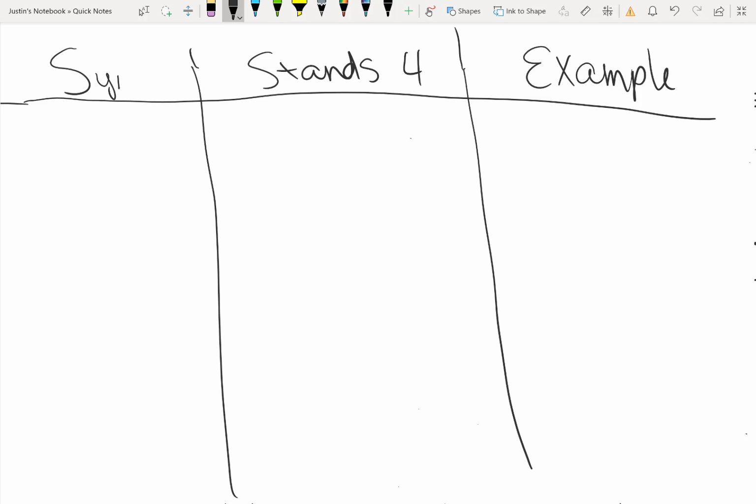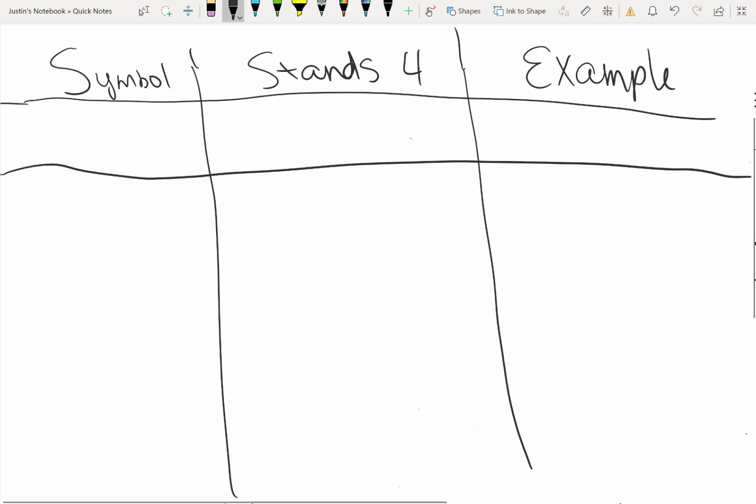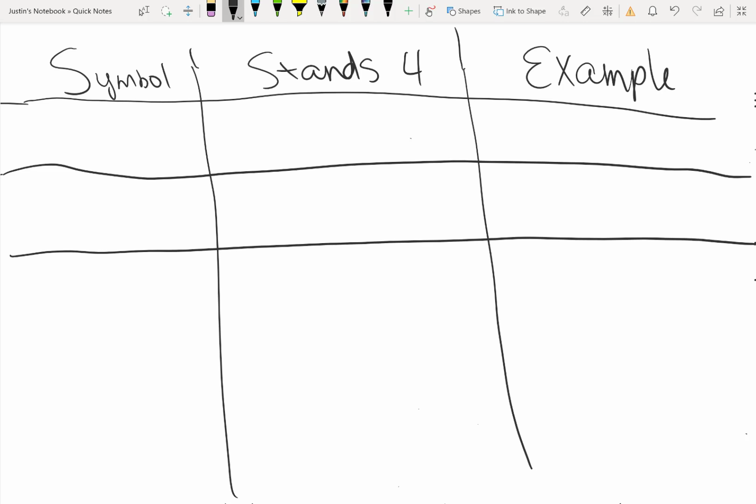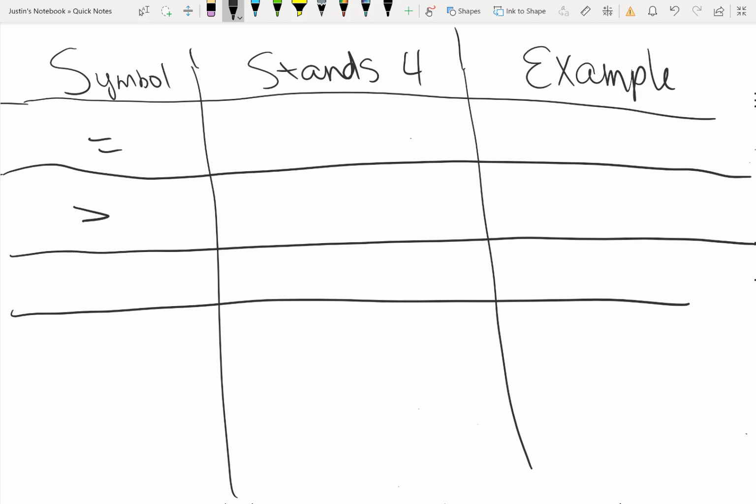This, I'll write symbol. What that symbol stands for. And then example. Give me just a second to fill this in.